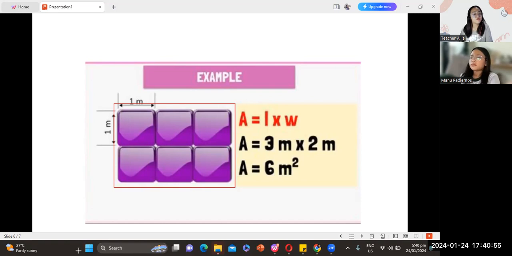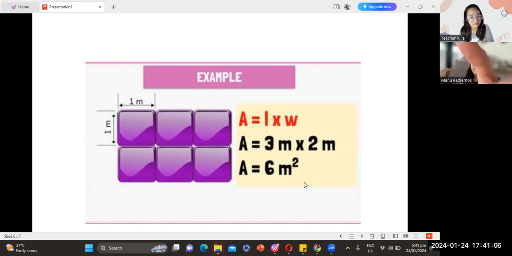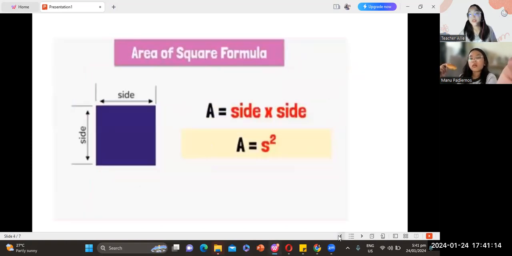The area of a square, formula. We're talking about the formula. Okay, this is the formula of a square. A is equals to side times side, or A is equals to S squared.